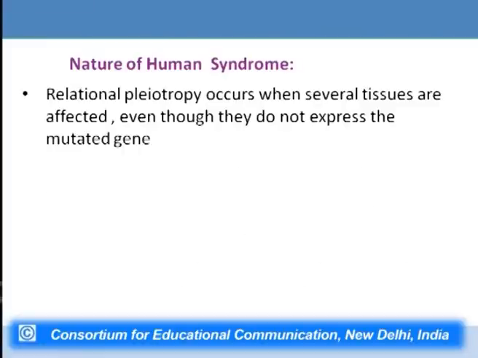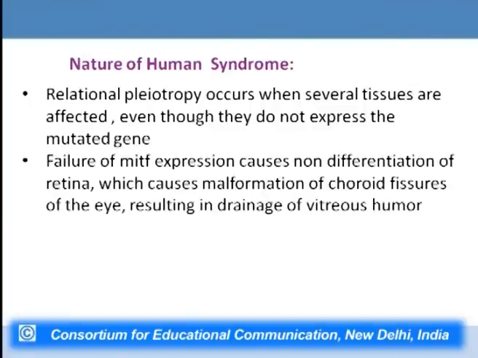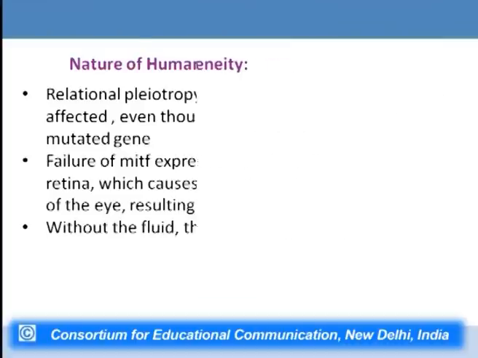Or it could be relational pleiotropy, which occurs when several tissues are affected even though they are not expressing the mutated gene, but failure of expression of one gene causes non-differentiation of another tissue, which leads to malformation of a second tissue, which leads to malformation of a third tissue. So that is relational pleiotropy.